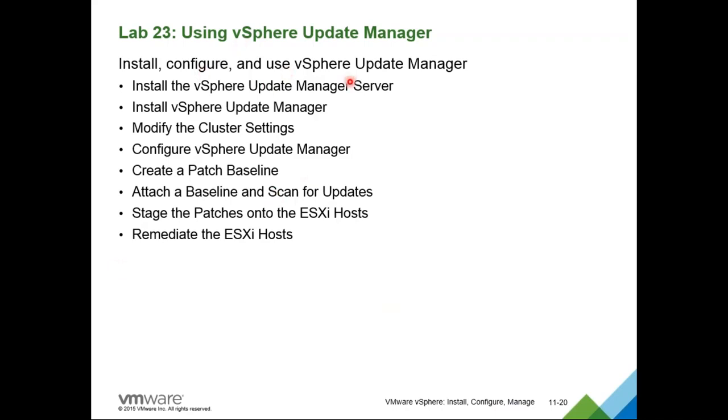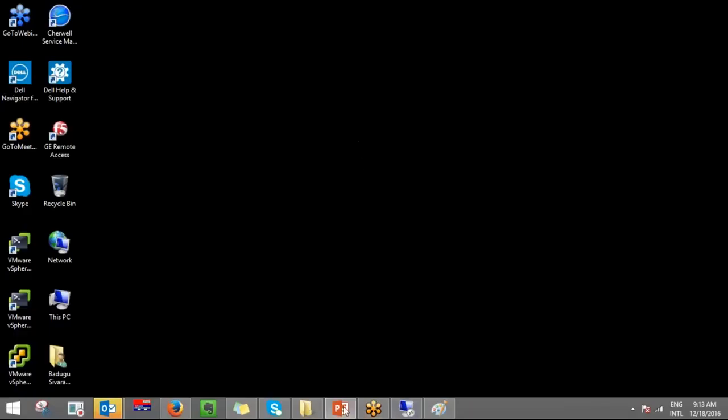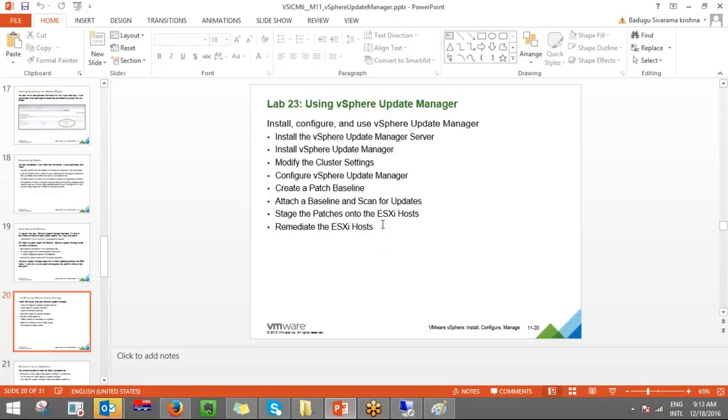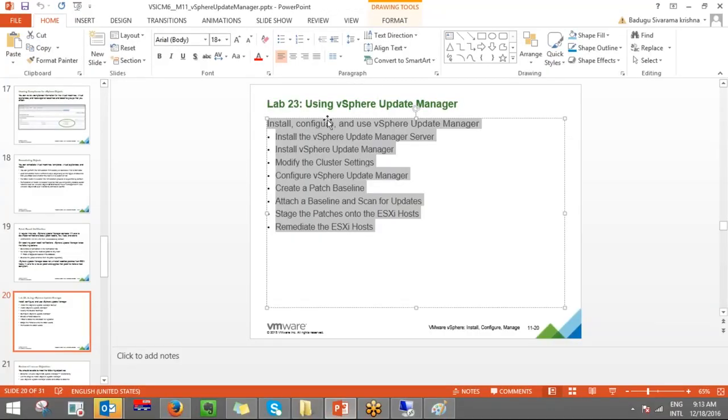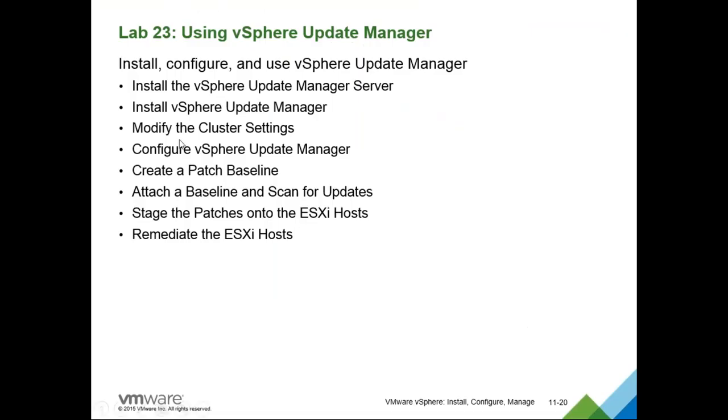So using vSphere Update Manager, these are the things we have to do in the lab. Anyway, these steps will be available in your lab guide also. What are the tasks you have to do? Install the Update Manager server.